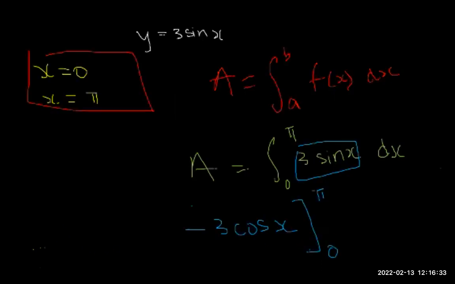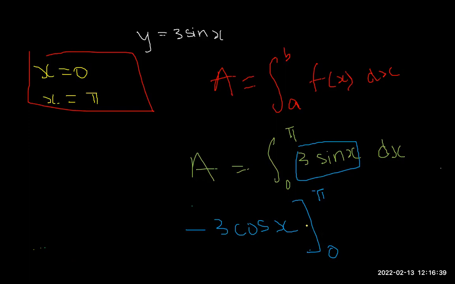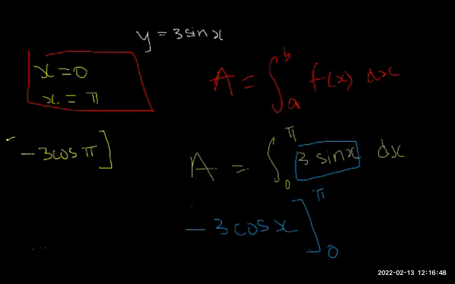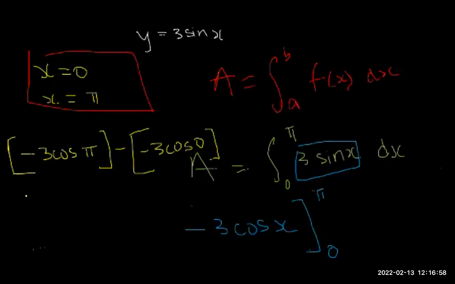Now substitute your values to get the area. Wherever I see x, I replace it with pi, so that's minus 3 cos of pi. That's my first bracket. Then minus, minus 3 cos, and wherever I see x, I replace it with 0.